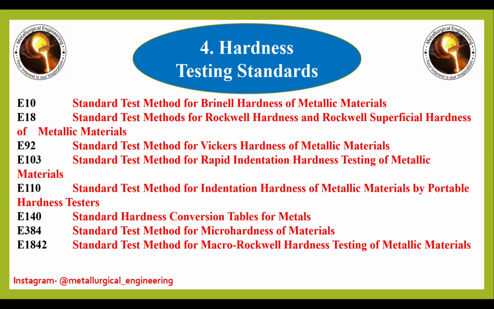Now we have different standards for different kinds of hardness testing. We have E10 for Brinell hardness, E18 for Rockwell hardness, E92 for Vickers hardness, E103 for rapid indentation hardness testing, E1110 for metallic material, and E140, which is used for the conversion between these different kinds of tests like Brinell, Rockwell, Vickers.